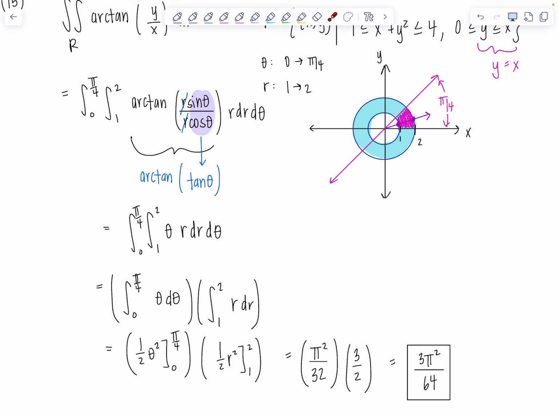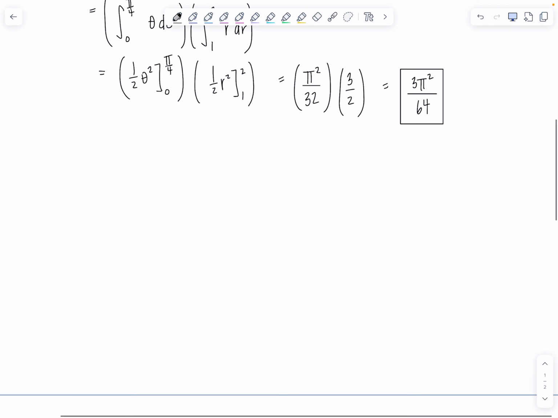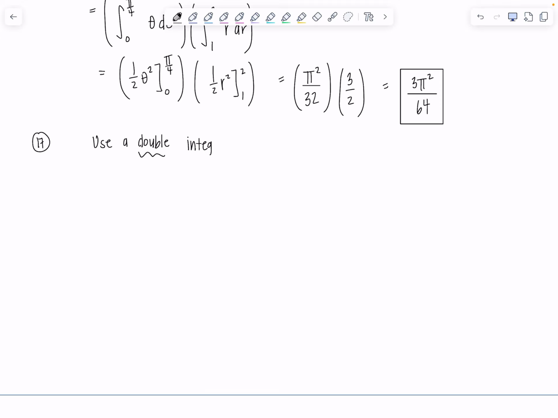Okay. You want to set up 17, right? Use a double integral. So we have to be obedient. You guys know Calc 1 style, because it says use a double integral to find the area of D. So what would the setup look like if we're doing a double integral to find area instead of volume?